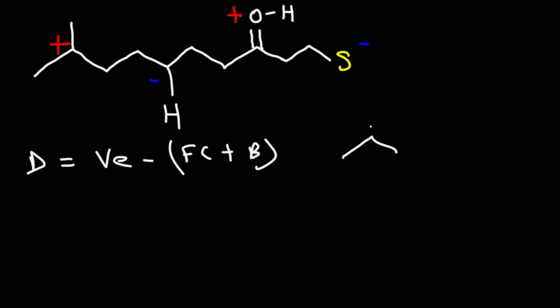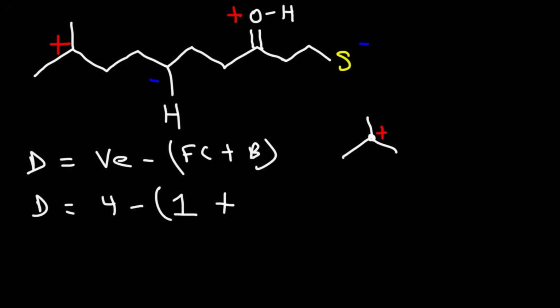So here we have a carbocation, a carbon with 3 bonds and a plus charge. Carbon is found in group 4A of the periodic table. Elements in that group typically have 4 valence electrons. That's the number of electrons in their outermost energy level. Now, in this structure, carbon has a formal charge of positive 1. So let's replace Fc with 1.